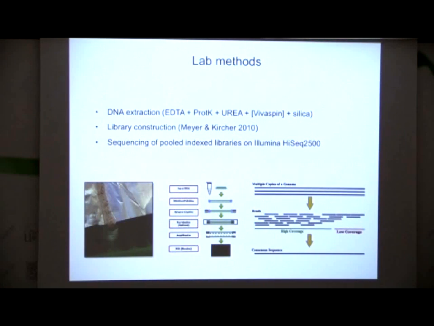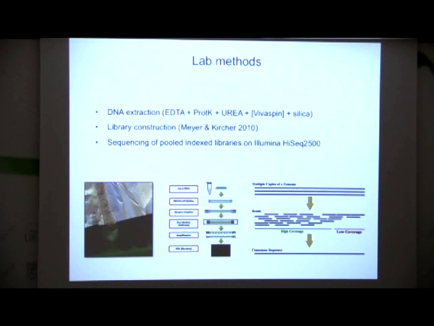Then generally what we do is that we extract the DNA using standard methods: EDTA to demineralize the bone, proteinase K to dissolve the proteins, and we use urea, which helps the extraction process. And we typically filter the extracts, and then we purify it using silica and various buffers.